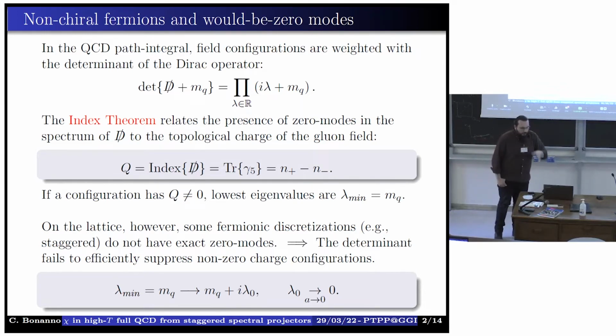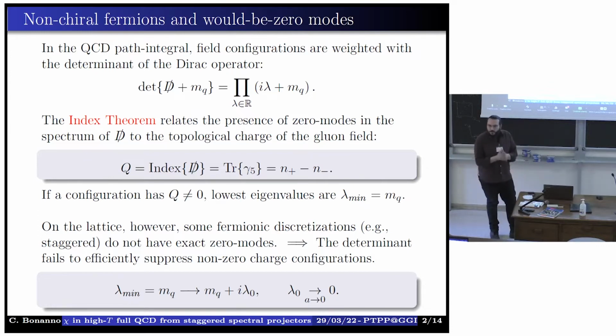So if a configuration has a non-zero charge, the lowest eigenvalues that appear on the spectrum of the Dirac operator in the background of that configuration are proportional to the quark mass.